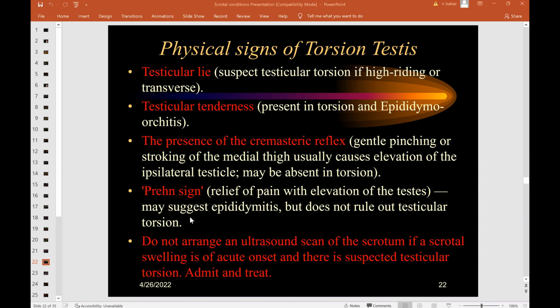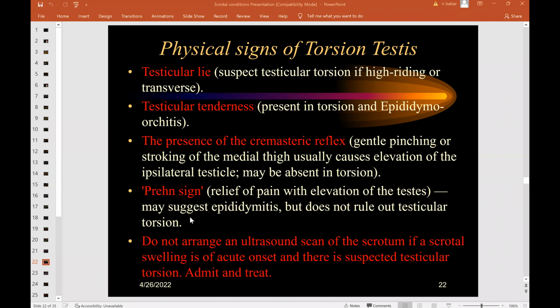The cremasteric reflex may be absent in torsion, which means that gentle pinching or stroking of the medial thigh causes elevation of the ipsilateral testicle. Relief of pain with elevation of the testis may suggest epididymitis, but does not rule out testicular torsion.